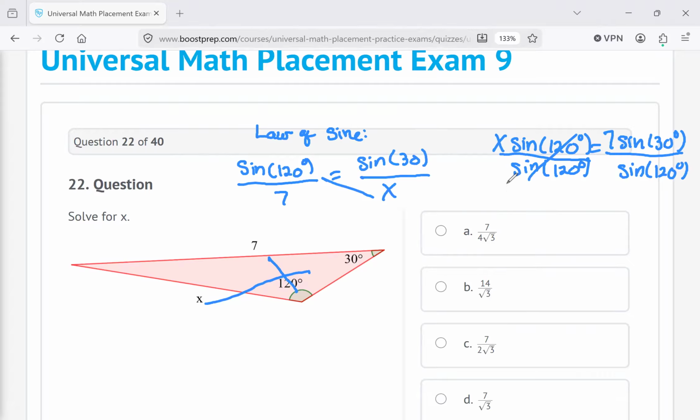So this cancels, we're left with X equals 7 sine of 30 over sine of 120. And in decimal, it's about 4.04.